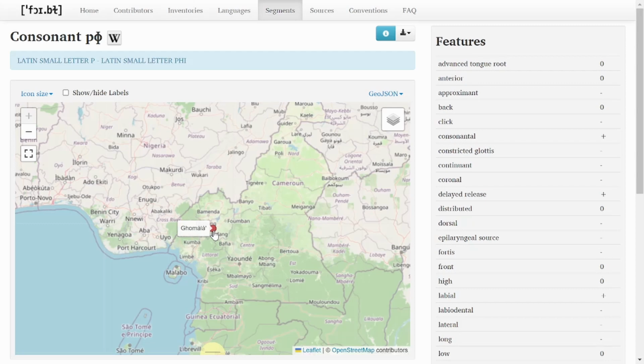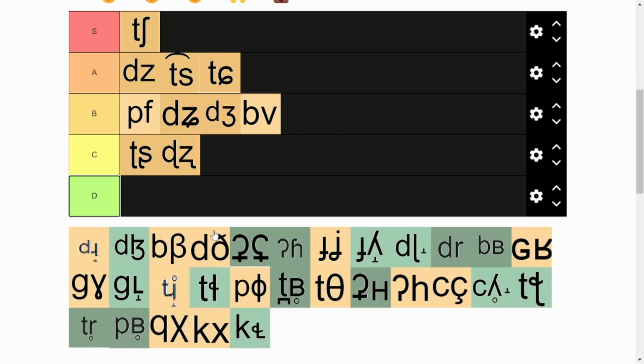I'm not sure. Or Romala. Yeah, Romala, one of those. Because this one is in most cases an allophone of F, which makes sense since it sounds very similar.